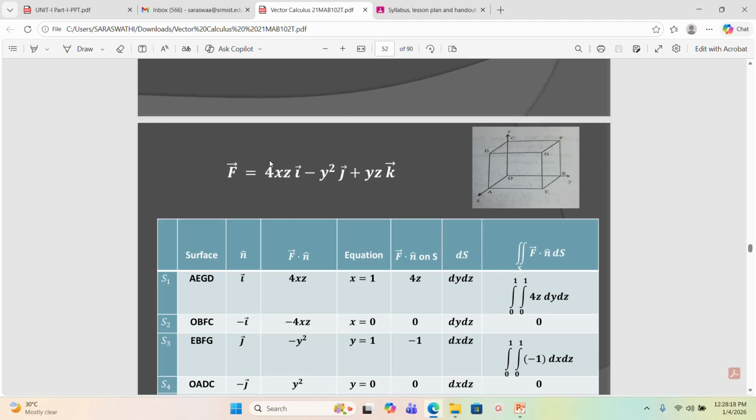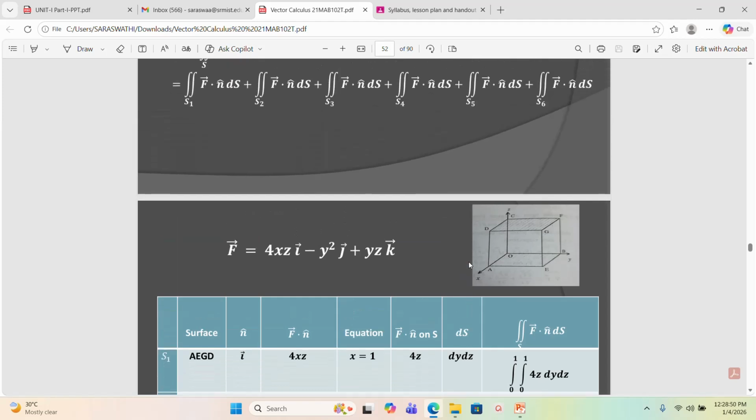So we take only the coefficient of i, which gives 4xz. Here x is equal to 1, so f vector dot n cap is equal to 4z.